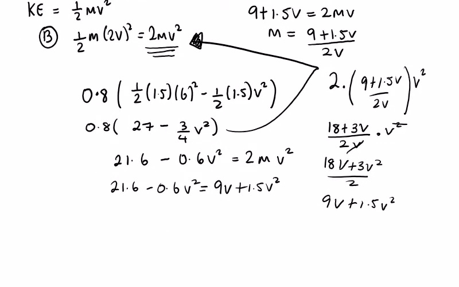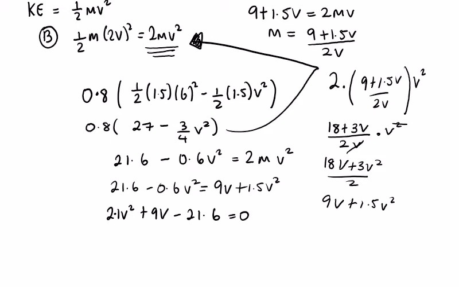So it's going to be a quadratic: 2.1v squared plus 9v minus 21.6 is equal to 0. Does anything divide into all of these? It doesn't look like it.